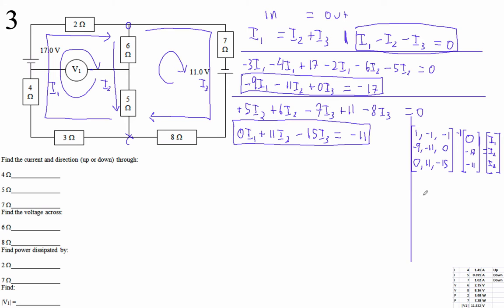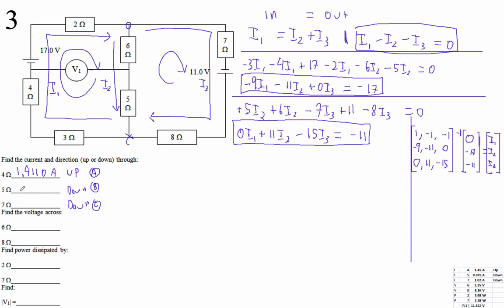So this is I1 equals, it's this guy, right? So it actually went up, down, down. And I stored this in A, the variable A, and I stored this in B, and I stored this guy in C. So this guy is 1.4110 amps.